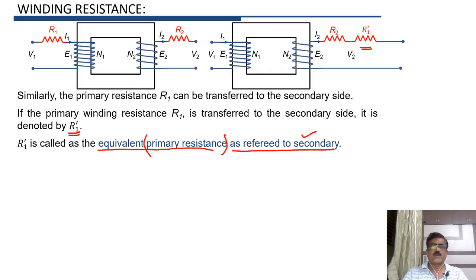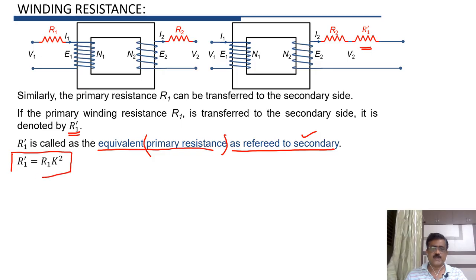Now how to determine R1 dash? Again you can apply the same rule, that is power loss produced by R1 dash must be equal to the power loss produced by R1. So applying this, you will get R1 dash as R1 into K square. So this expression is very important.